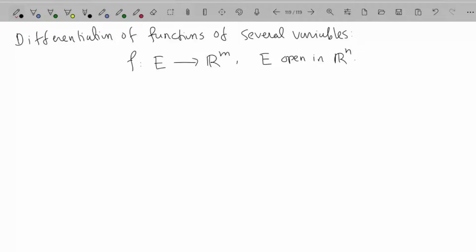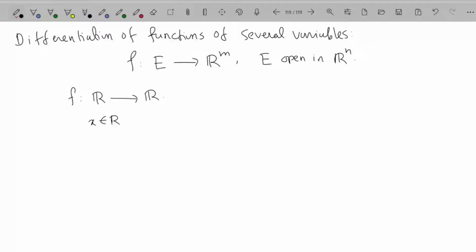To do this, first start with the notion of differentiation for a real valued function of one real variable. Okay. So let's say suppose we have a function from R to R. Okay. Then let's say x belongs to R. What do we mean by the function f is differentiable?